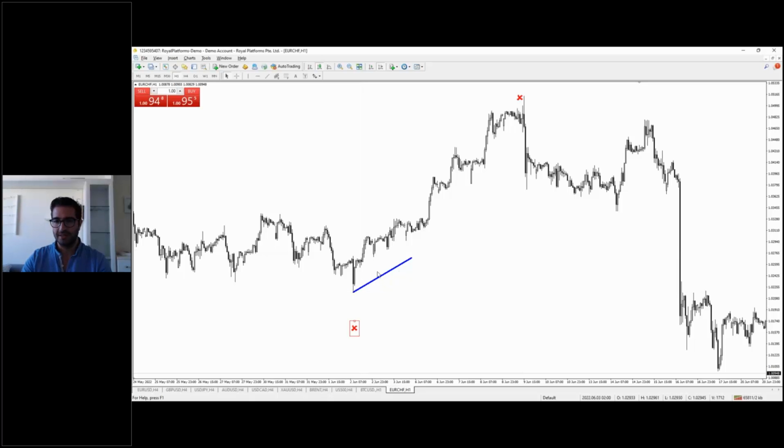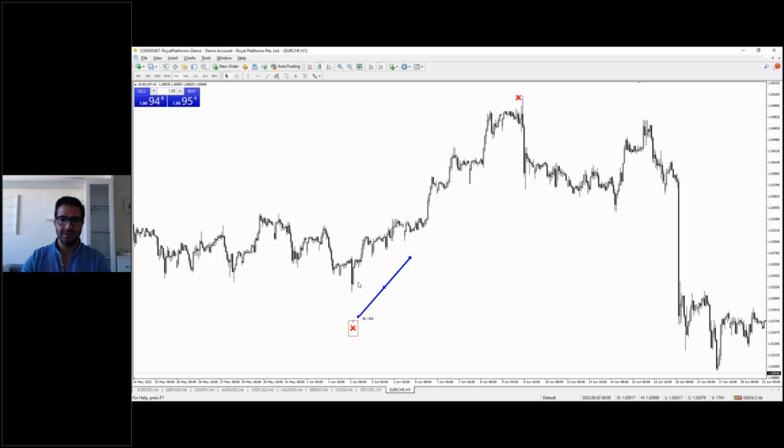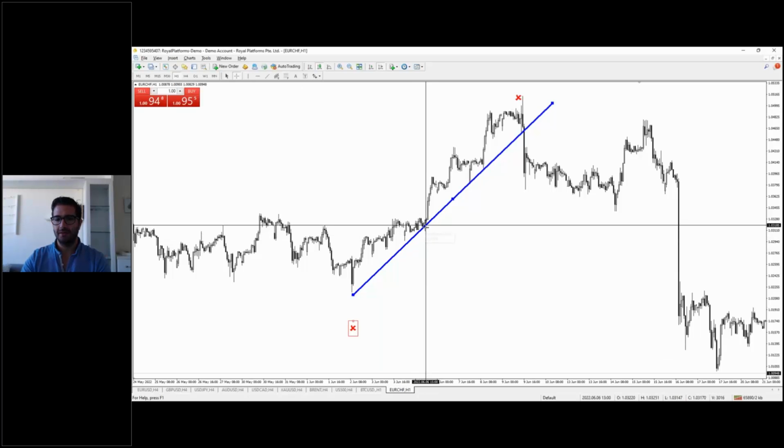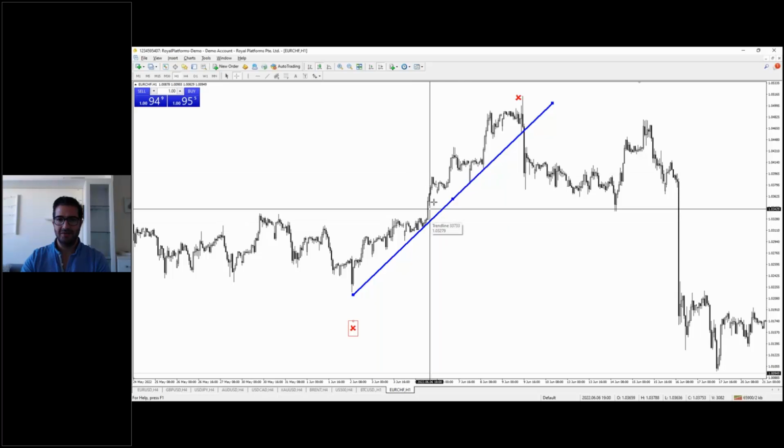What you will do in this case, you saw that you are in an uptrend, you will look for 3 points. So this is our first point here. You can use this as a second point, and this as a third point. Each time the market reaches this dynamic uptrend, we have a move to the upside.